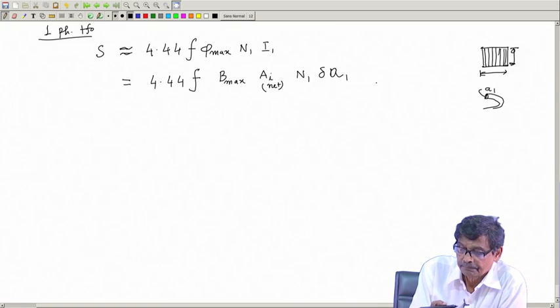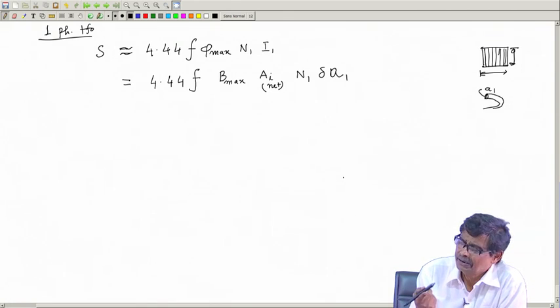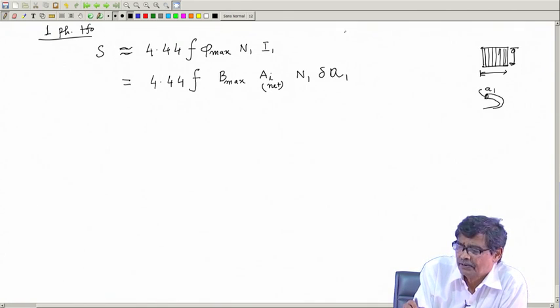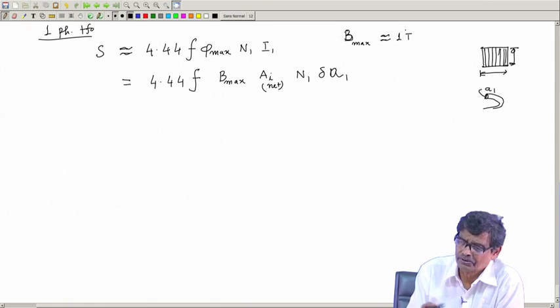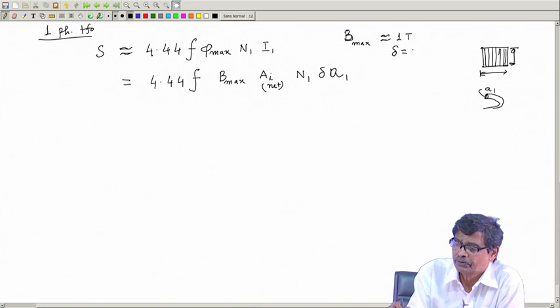B max, that happens to be the specific magnetic loading in Weber per meter square. In a typical transformer, the values of B max will be very close to 1 Tesla, maybe 0.9 Tesla, 1.01 Tesla, etc. And delta, if you are using copper, I wrote it may be 2.5 to 3 ampere per millimeter square.